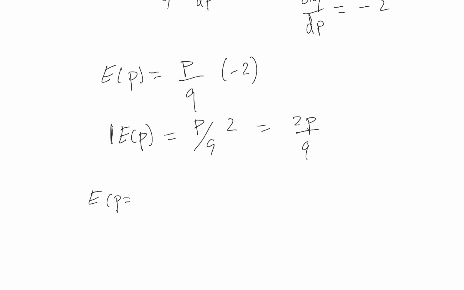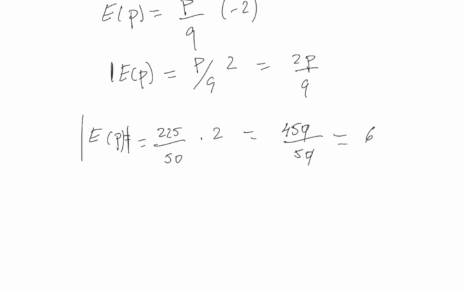So E of P will be 2 times 225 divided by 50, so the elasticity will be 450 divided by 50, or 9. Indeed, it is minus 9, but we consider the absolute value. So if it's bigger than 1, it is elastic, and less than 1 is inelastic.